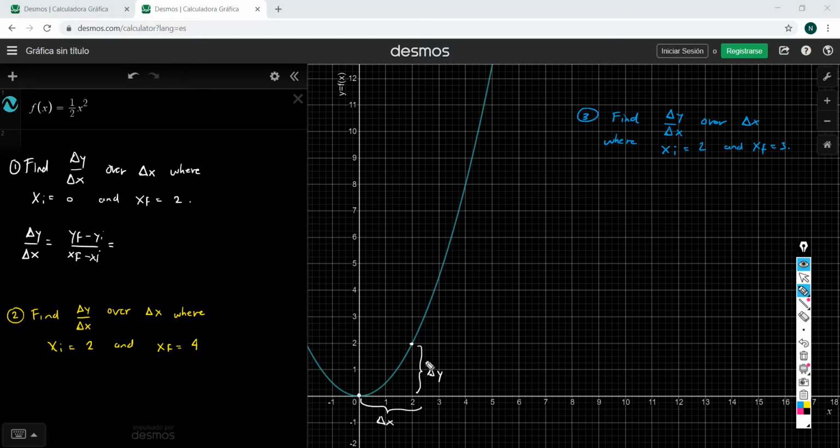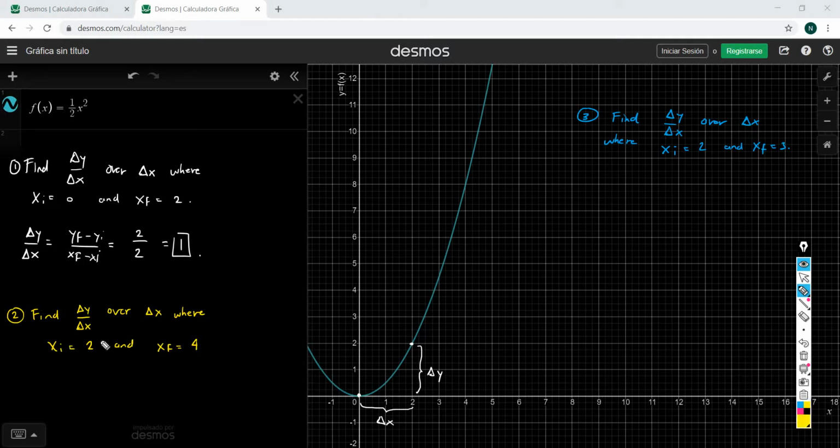As we know, the delta y is 2, so I can just write it down immediately, and delta x is also 2, and so we have 1. There you go, completed. So the average rate of change of y with respect to x over this interval, from 0 to 2, is 1. Okay, we're gonna interpret this number in a moment.